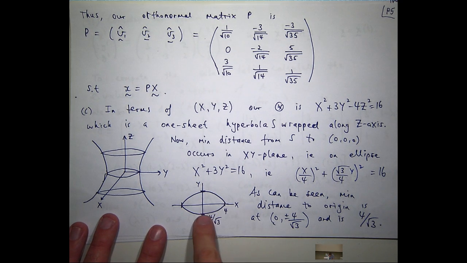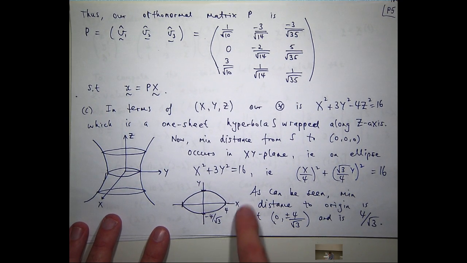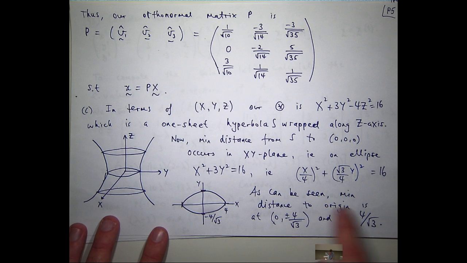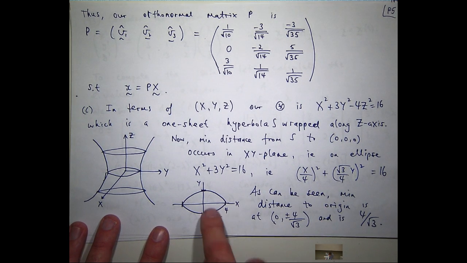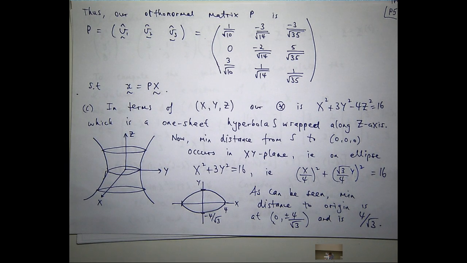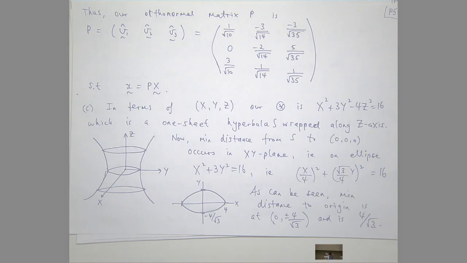Well, it's either there or there. It's the same distance. So from this little picture, you can see that the minimum distance to the origin occurs at this point and this point, and it is just that length and that length. Okay, can you see why I pre-prepared those slides now?